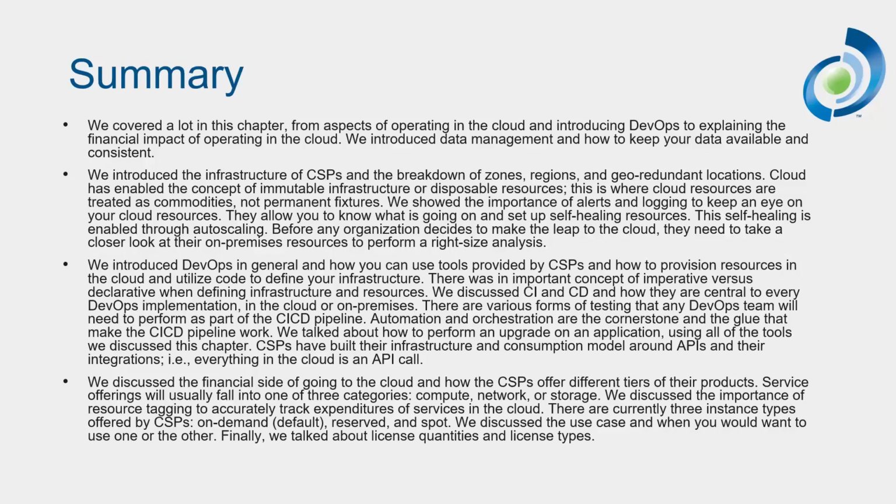And then we introduced our DevOps and in general, how you can use tools provided by the CSPs and how to provision resources in the cloud and utilize code to define our infrastructure. There's an important concept of imperative versus declarative when defining infrastructure and resources. We discussed CI and CD and how they are central to the CI/CD pipeline.